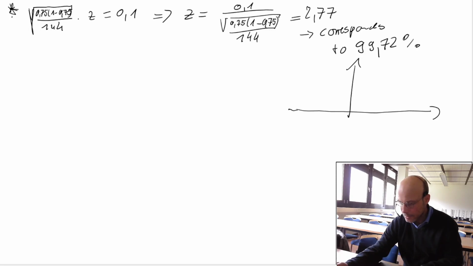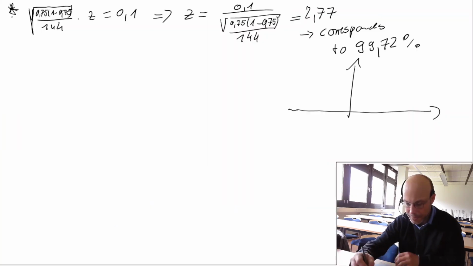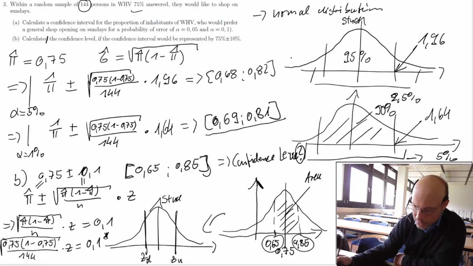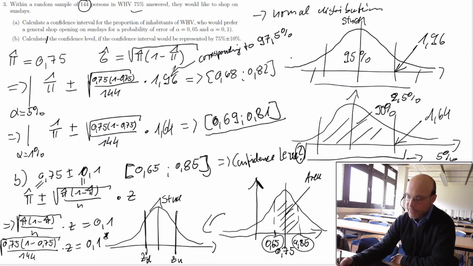That this then means, as we have done in the two other cases, that this was the Z value corresponding to 97.5%.